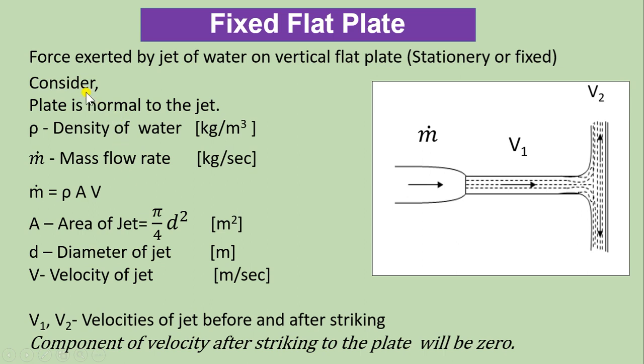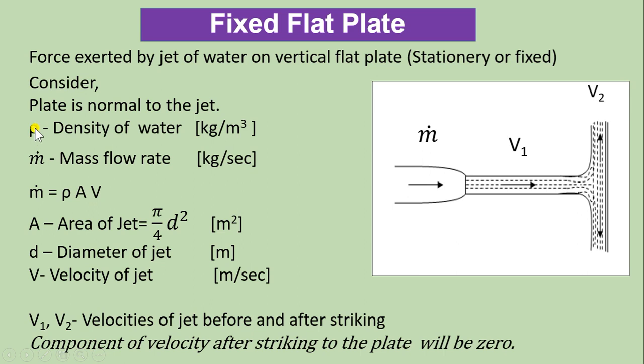By using this formula, we can now derive the equation for a fixed flat plate. Consider a plate normal to the jet. This is normal to the jet, and the plate is fixed or stationary.